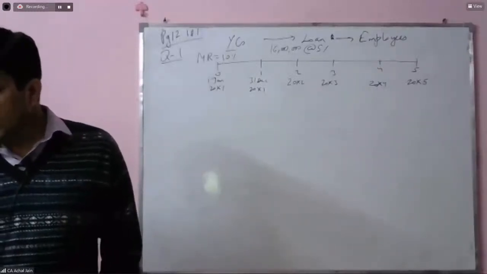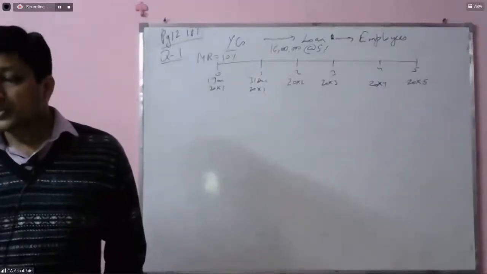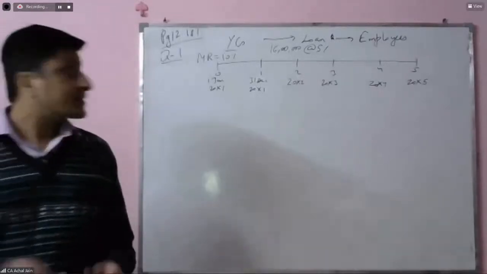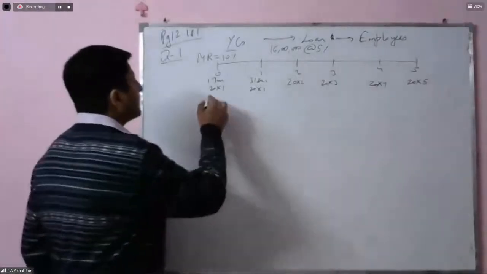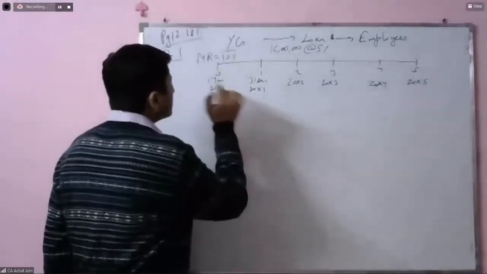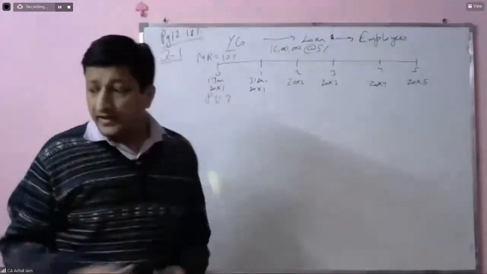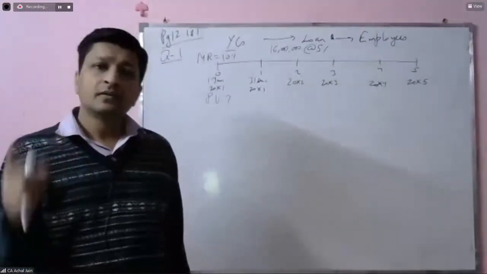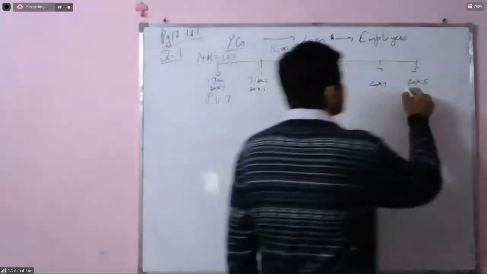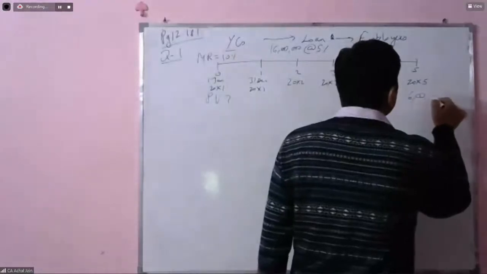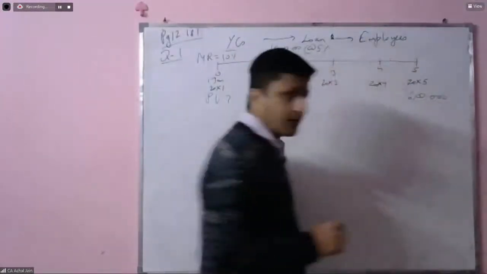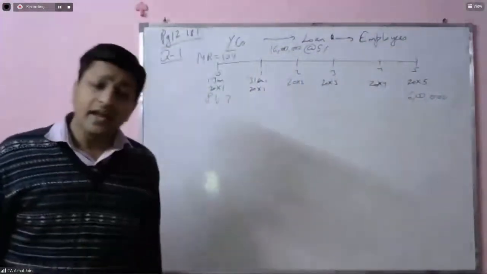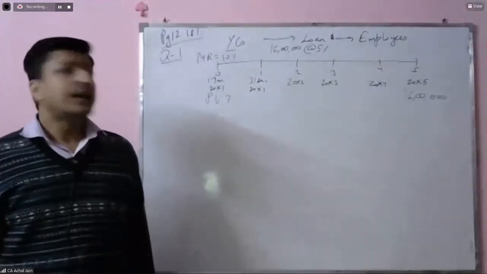Now, as you mentioned, what's the first step? The first step for us is to compute the present value, because we understand that 16 lakhs will be collected after 5 years. So on this date, 16 lakhs will be collected. And every year, what will be collected?